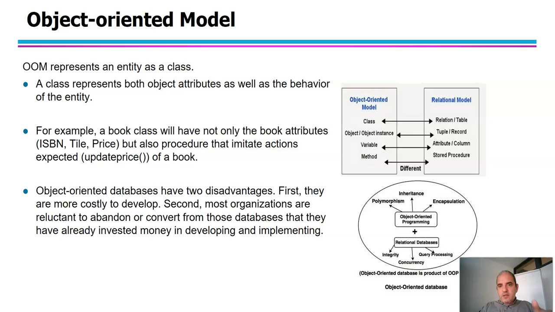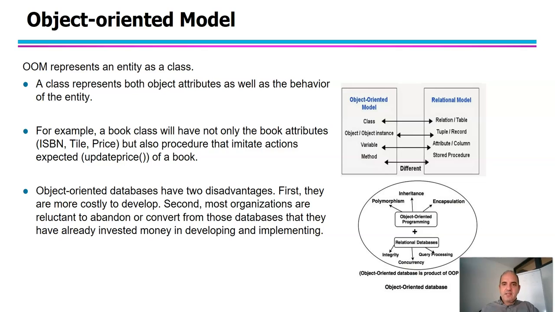In the timeline, the object-oriented model comes after, but I want to mention it because it is not being used. Maybe some of you have heard the words object-oriented design, object-oriented software development. It is a software development perspective which focuses on creating classes and creating objects out of classes.